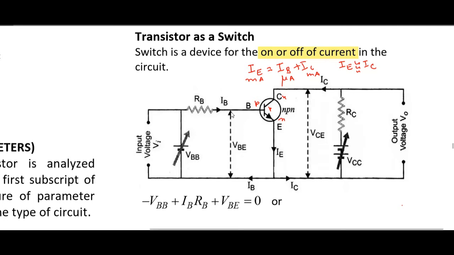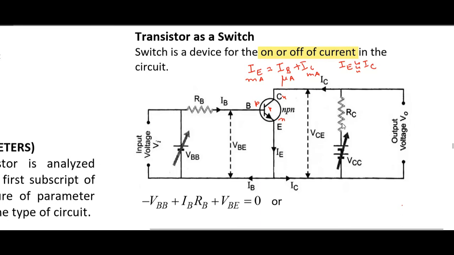Now this is VBE, base to emitter voltage, and on this side we have VCE. This is the output battery. Now understand the difference.